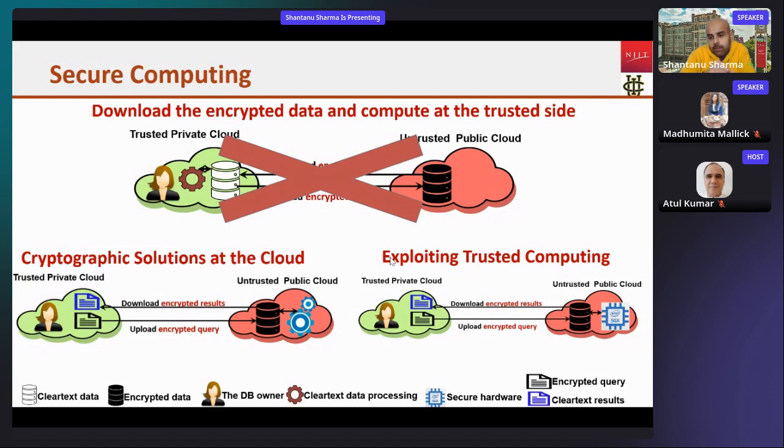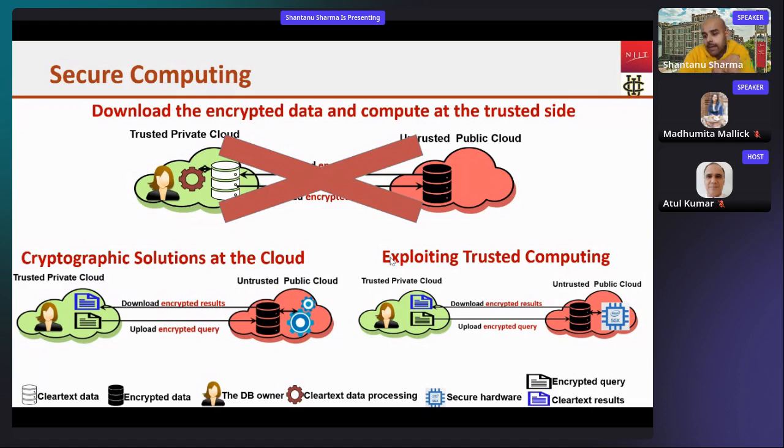So this is the very high-level description of what happens when we execute cryptographic approaches over our encrypted data. Another category is that we can use trusted hardware. Around 5 or 6 years ago, Intel introduced Intel SGX, Software Guard Extensions, which is a secure hardware-based solution. Everything happens the same as in the previous case: the database owner encrypts their data, uploads it to the cloud, and also sends the query in encrypted format. But now the query execution at the cloud side is not happening over the encrypted data.